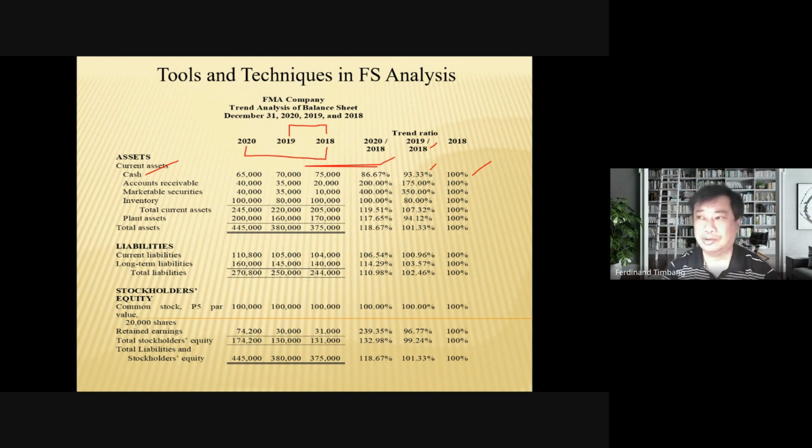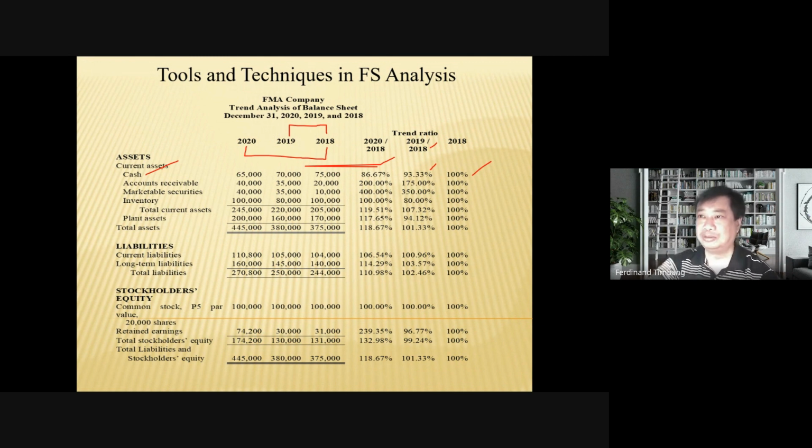No? Bakit kaya bumababa yung cash? What are the reasons for the decline in cash? Pero siyempre, huwag ka naman mag-panic kagad, no? Na bumaba yung cash because there are several reasons for that. So example natin dito, from 75 to 65.